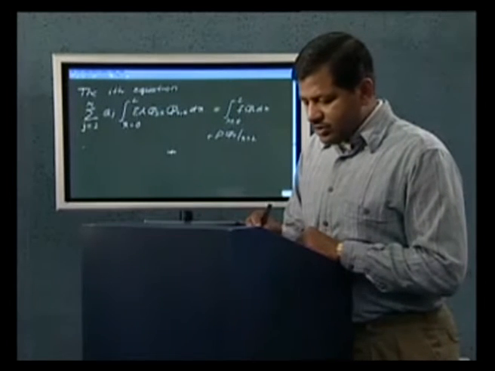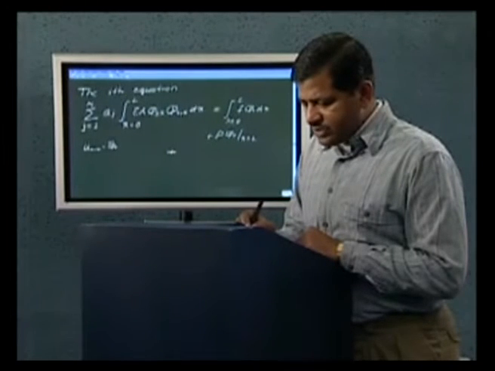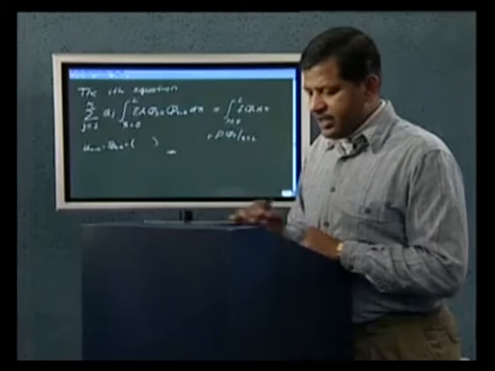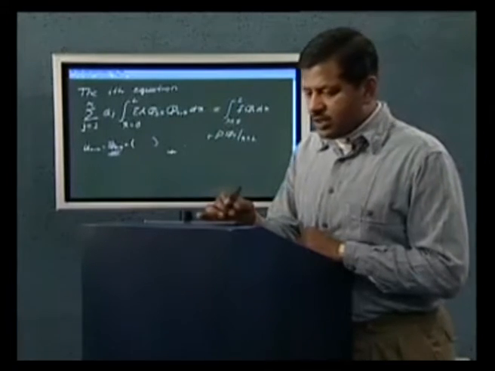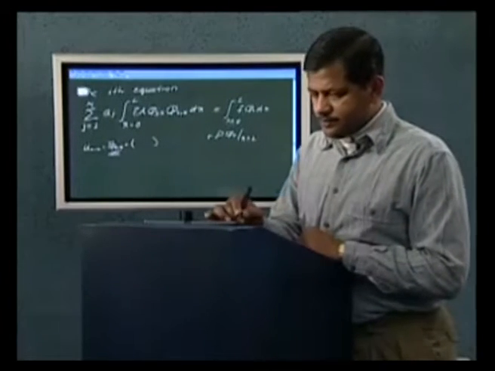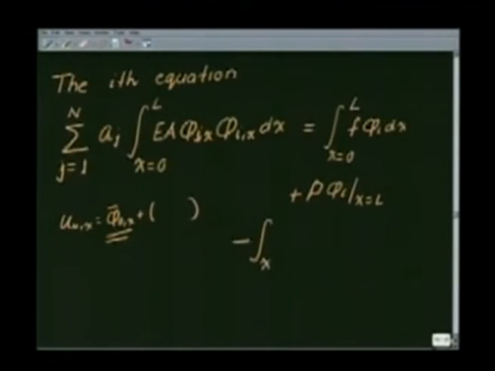Un of x was equal to phi 0 bar plus the remainder part. This part is known, so it will go not as a plus but as a minus. So we get minus integral x equal to 0 to L phi 0 bar comma x into phi i comma x into ea dx.